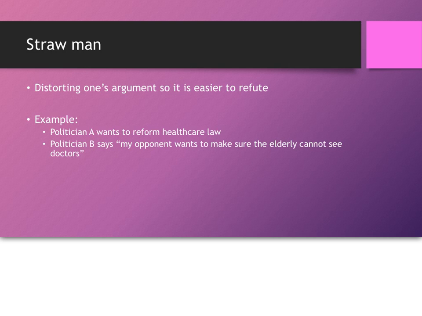Well, that may be an outright lie. Maybe there was something about politician A's argument that had to do with the elderly and the doctors. Maybe it's an outright lie. But politician B is undoubtedly distorting politician A's argument. And he's distorting it so that it's easier to refute. Okay? This happens a lot of times.